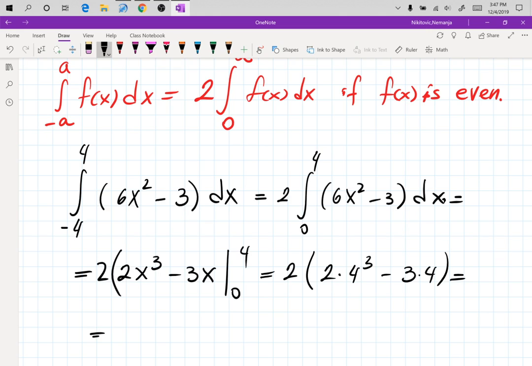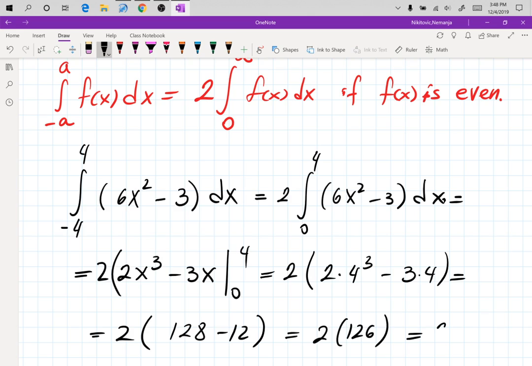So we don't care. 2 times 4 cubed is 128, minus 12, which is 116, and that doubled is 232. So we didn't cut out solving the integral, but at least we cut out a little bit of the work and we did not plug in negative 4.